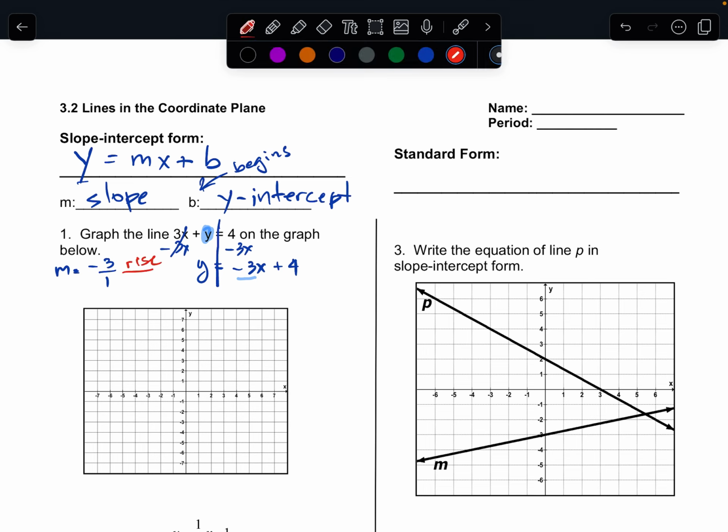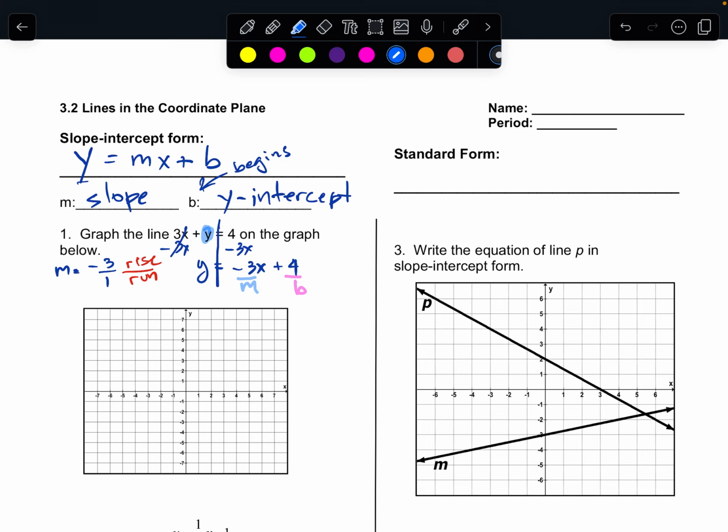So this is rise, and this is run. Rise means up and down. Run means left and right. And this 4 right here is our b, our y-intercept. This is our m, okay?